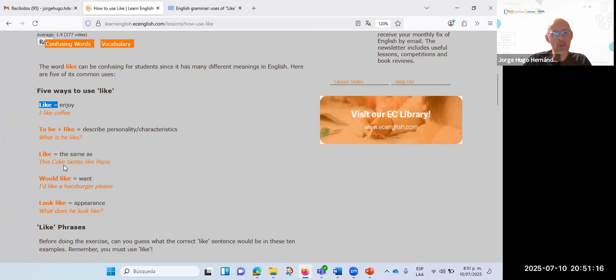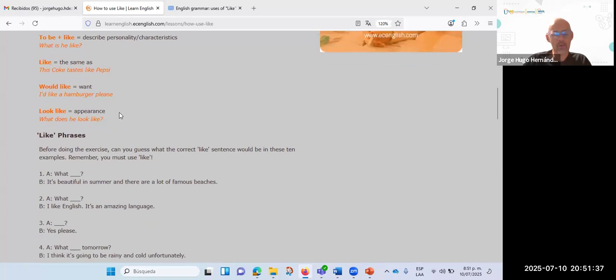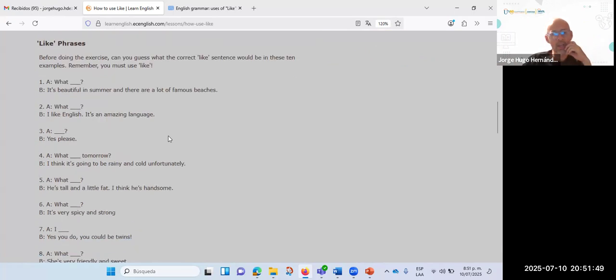For example, this Coke tastes like Pepsi, no? Yes, in this case, when we translate this sentence, esta Coca-Cola sabe como Pepsi. This one, I'd like a hamburger, please, when you want something, no? And look like, when you are asking for the appearance, for the physical characteristics, you use look like, okay?